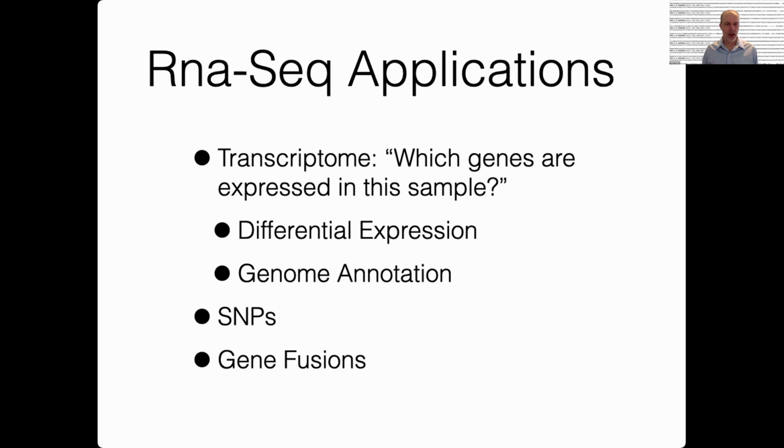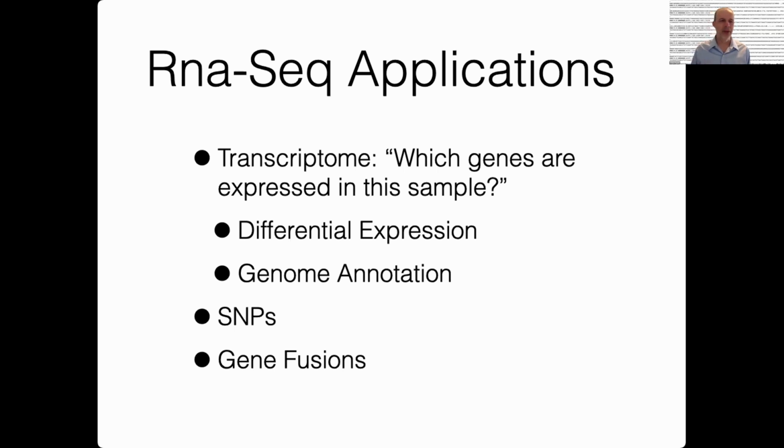The most common way for RNA-seq to be used is to do transcriptome analysis. So looking at all the protein coding genes that are being expressed in a sample. I guess really it could be all the genes that are being expressed in a sample. So basically all the RNA that's being made in a given sample.